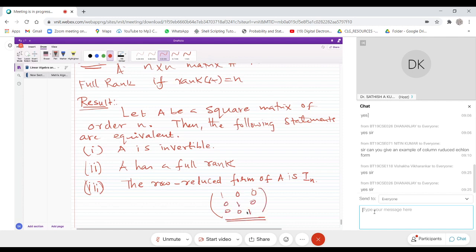So this is your row reduced echelon form as well as an identity matrix. Therefore 1 implies 2 is true, 2 implies 3 is true, and 3 implies 1 is also true. If it is a row reduced form, then further reduction is not possible, your rank will be 3, and in that case you will have an invertible matrix also. So these are the conditions one can make use of.